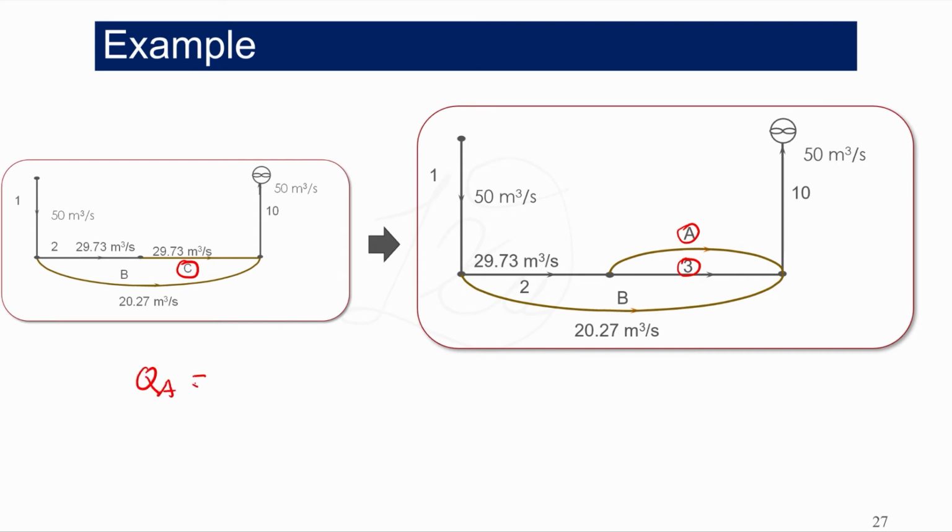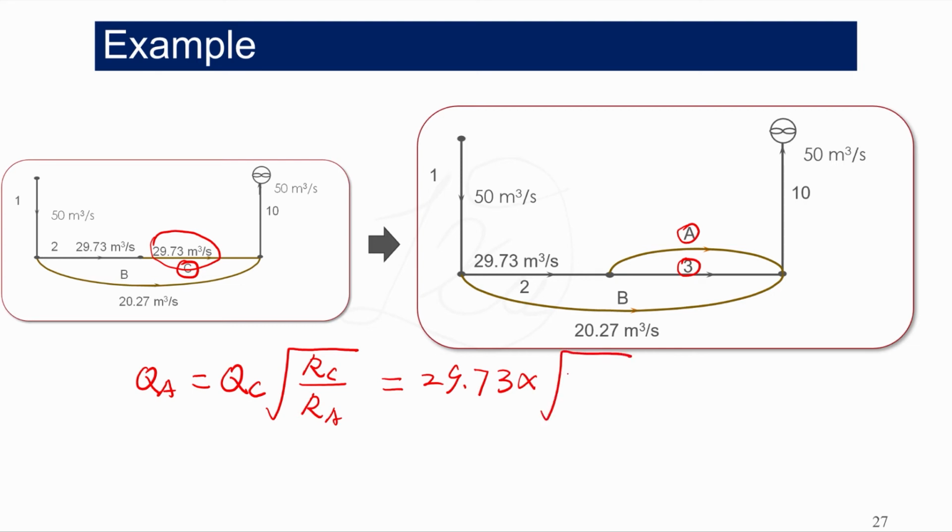QA equals QC, which is the total air quantity flowing into airway A and airway 3, times the square root of RC divided by RA, which equals 29.73 times the square root of 0.044 divided by 0.39, which equals 9.99 cubic meters per second.